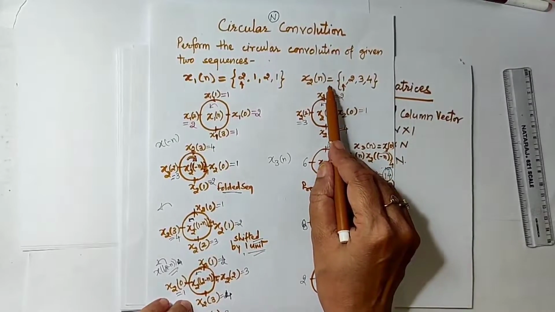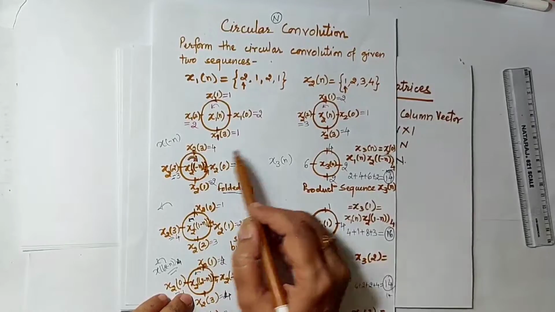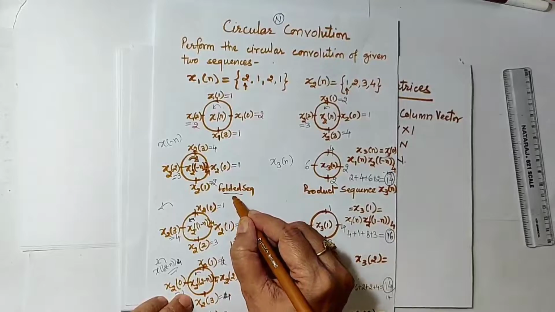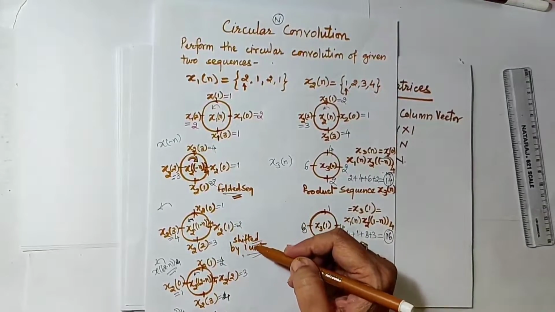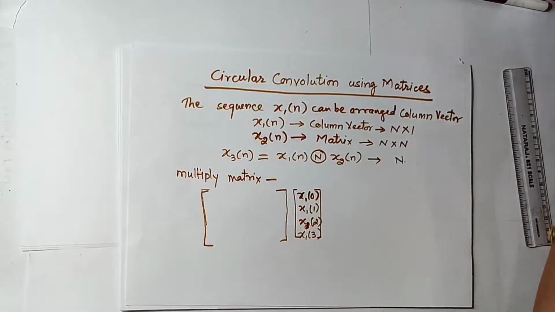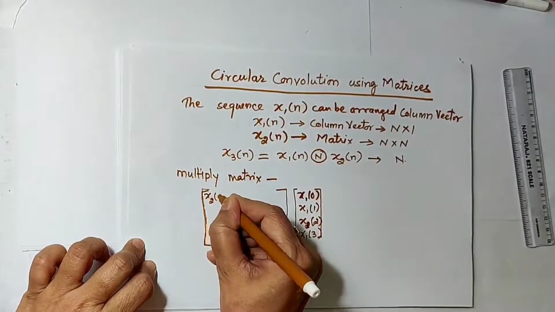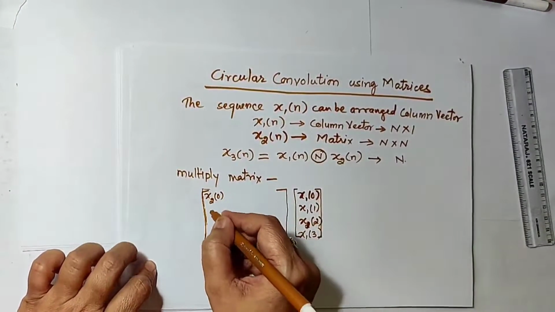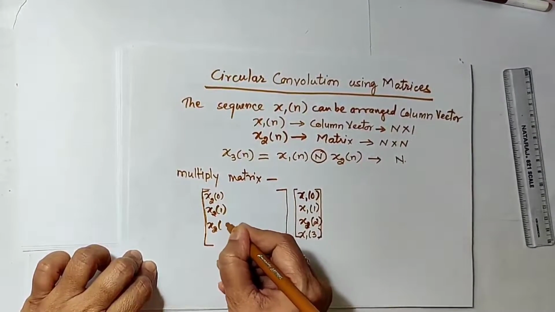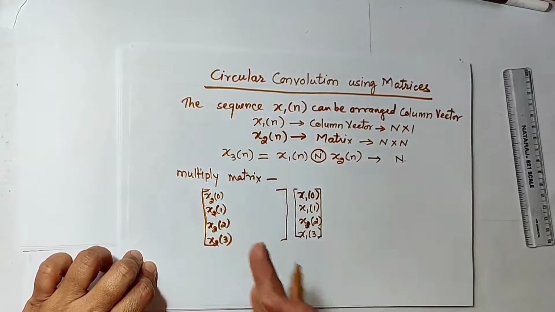This was the sequence given, and x2 is first folded. First we get the folded sequence, then shift by 1 unit, then by another unit. So how to write these values in the matrix array? Column-wise I am writing x2(0), x2(1), x2(2) and x2(3). The first value I have written here.